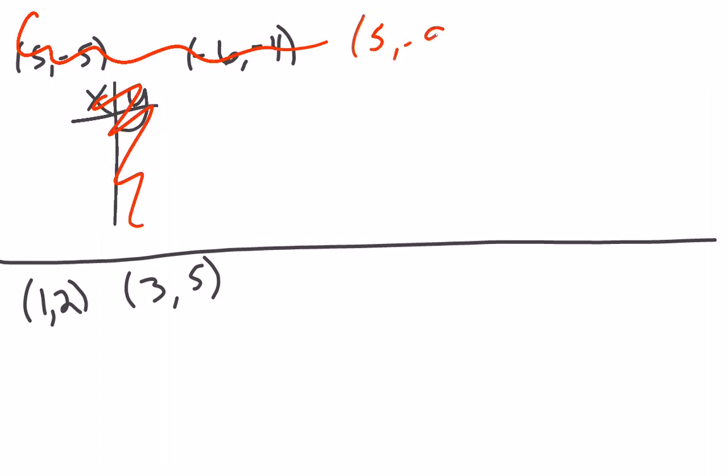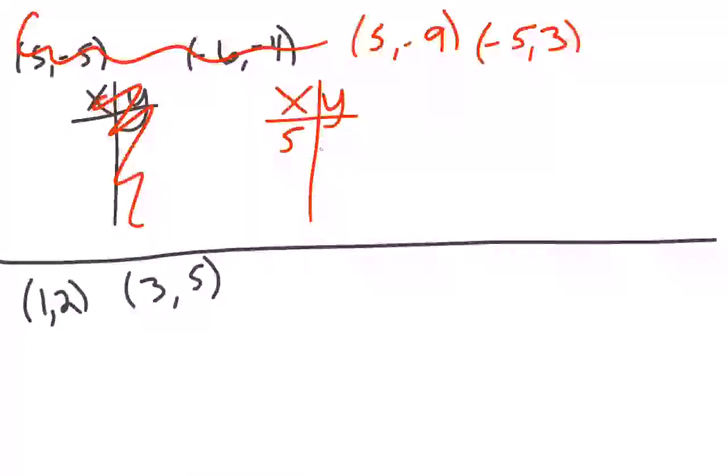The points are 5, -9, and -5, 3. Okay, I thought those looked pretty similar. So 5 down to -5 is -10. -9 up to 3 is +12.